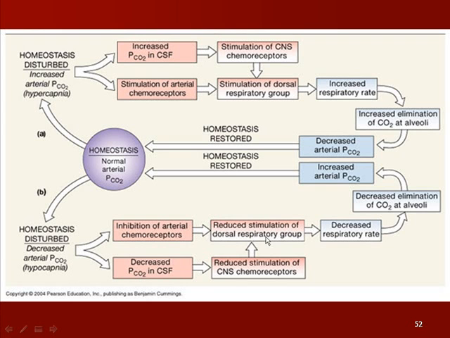You get reduced stimulation in the dorsal respiratory group, which in turn promotes decreased respiratory rate and decreased elimination of CO2 at the level of the alveoli, thus increased arterial PCO2, and homeostasis is restored. Again, I would appreciate this illustration.